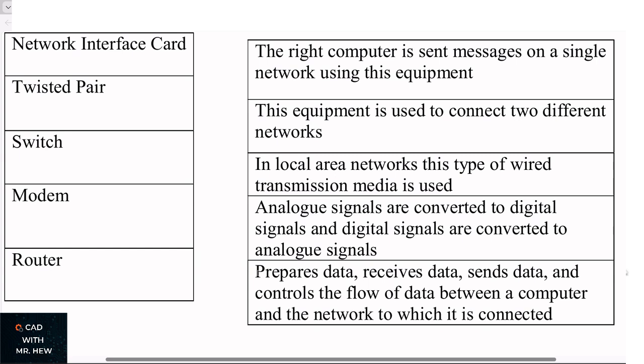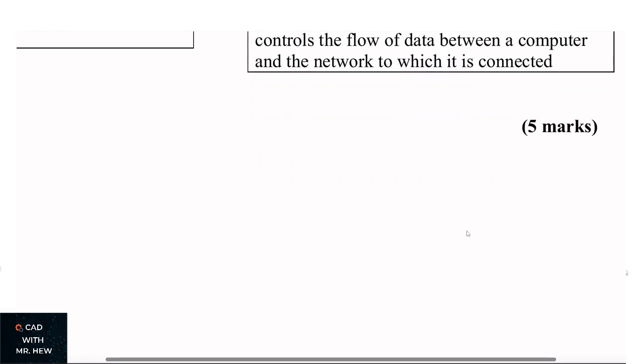And the last definition: prepares data, receives data, sends data, and controls the flow of data between a computer and the network to which it is connected. This question is worth 5 marks.